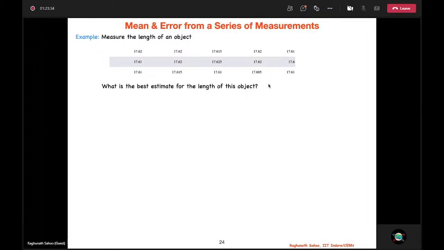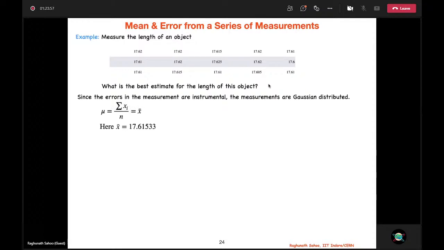If somebody asks you what is the best estimate of the length of this object, this is a kind of measurement which we usually do in tabletop experiments in our teaching laboratories.